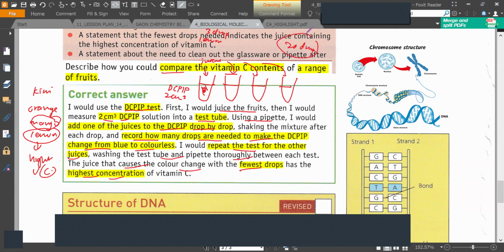This tells us the lemon has more vitamin C because we just need a little bit of lemon juice, just 3 drops, to change the color of the DCPIP. But mango has very little vitamin C, so we need 20 drops to change the color of the DCPIP. So that is the concept there.